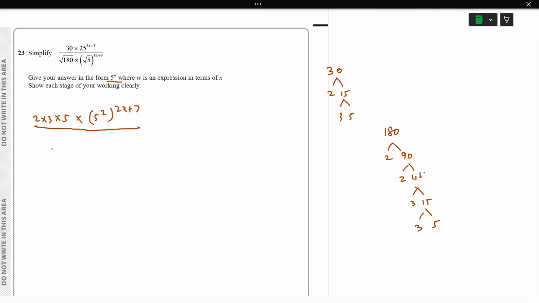So here square root of what I'll get: 2 square times 3 square times 5, times square root of 5 whole power 4x plus 9. Okay, so here the 2 times 3 times 5 times this 2, I can multiply with this, 5 power 4x plus 14.